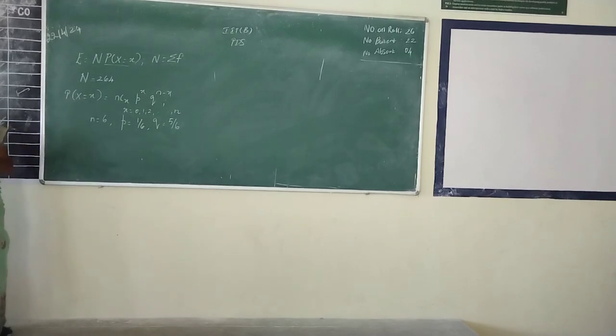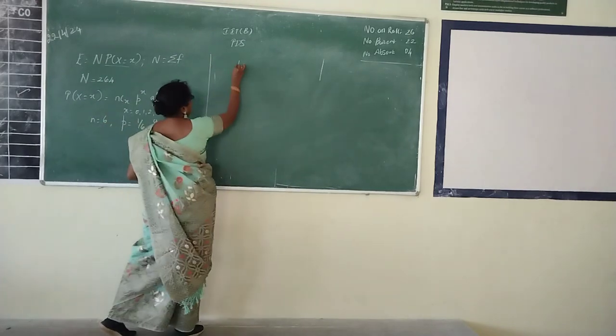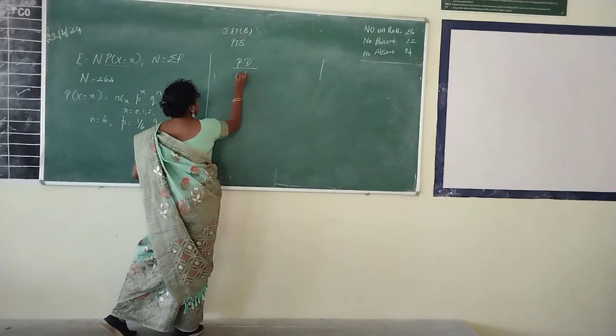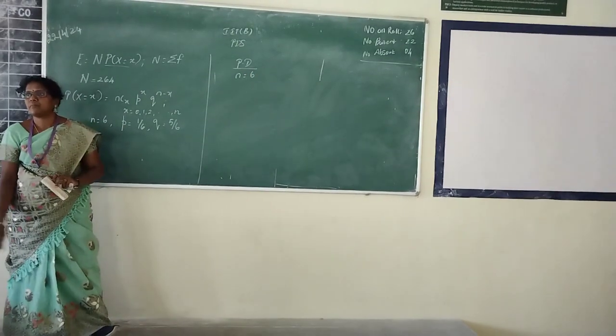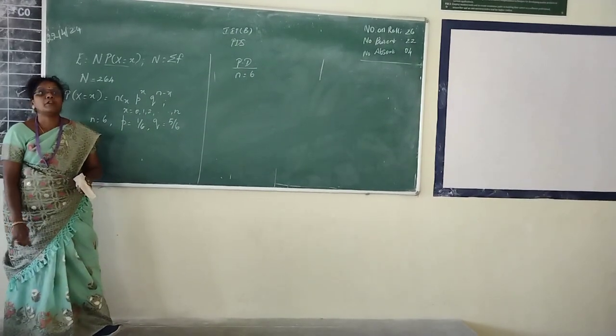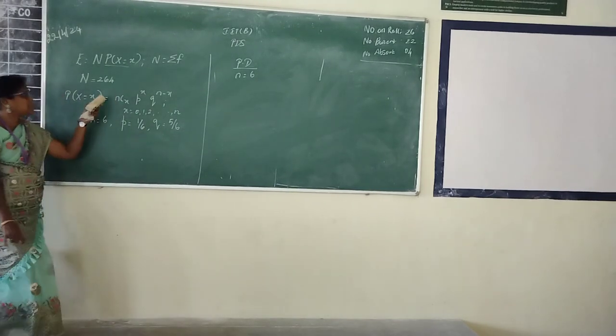If the same problem is asked for Poisson distribution, here it will be the same n value. How do we define Poisson distribution? You define binomial mode.